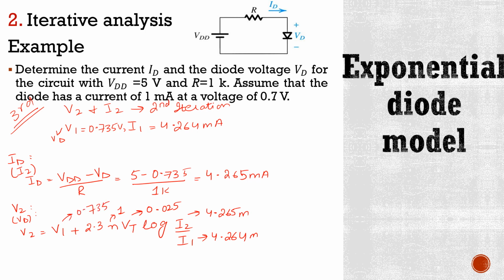After solving this equation, you will get V2 is equal to 0.735 volts.